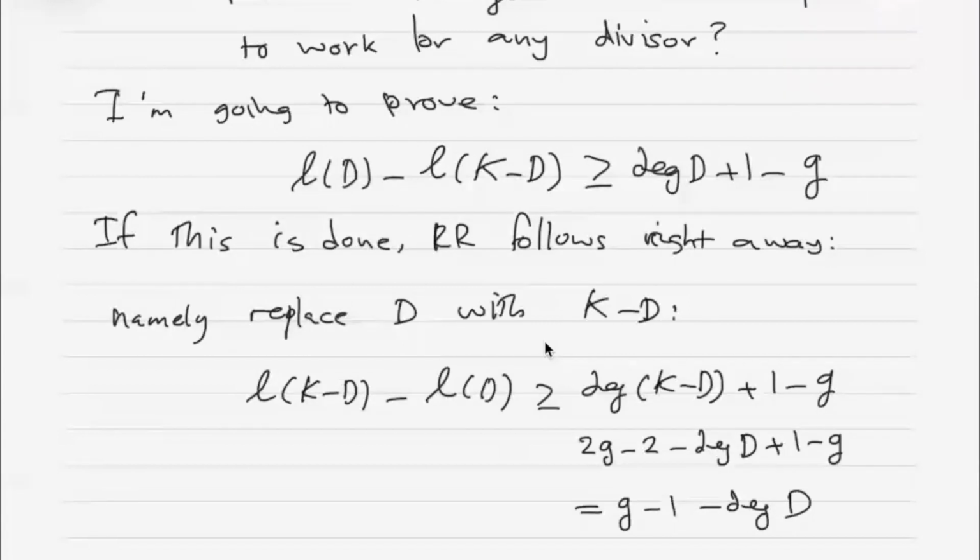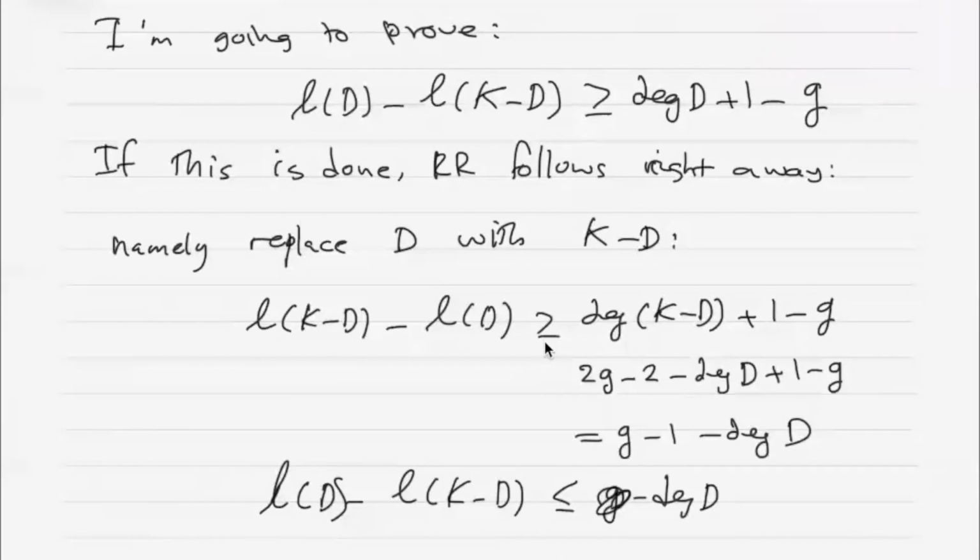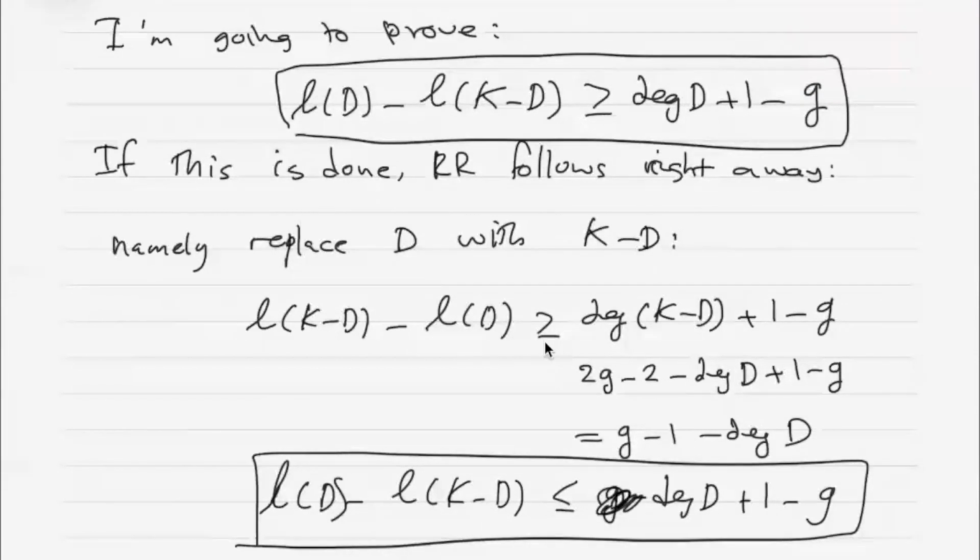So you multiply it with minus 1, you get L of d minus L of k minus d is less than or equal to degree of d plus 1 minus g. So we have proved that it's bigger than or equal to this, and we have proved that it's less than or equal to this. So we must have equality, and therefore we have Riemann-Roch.